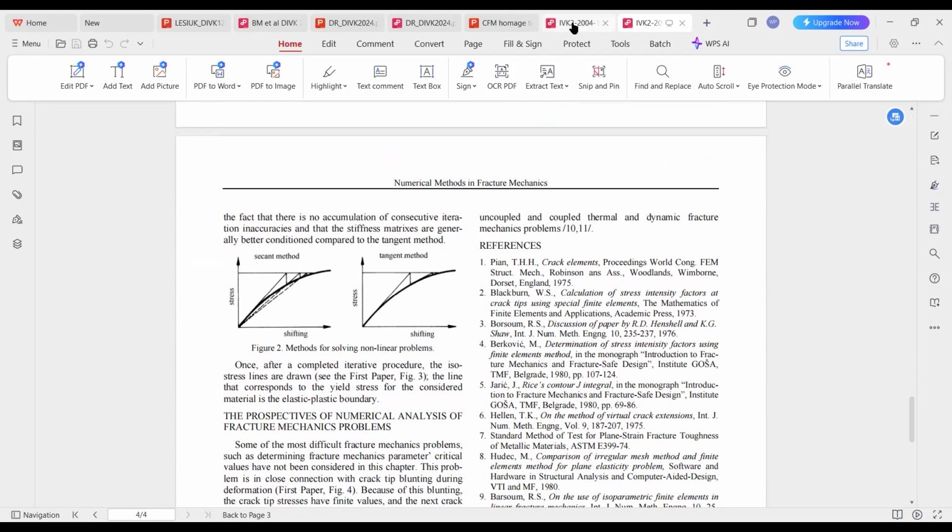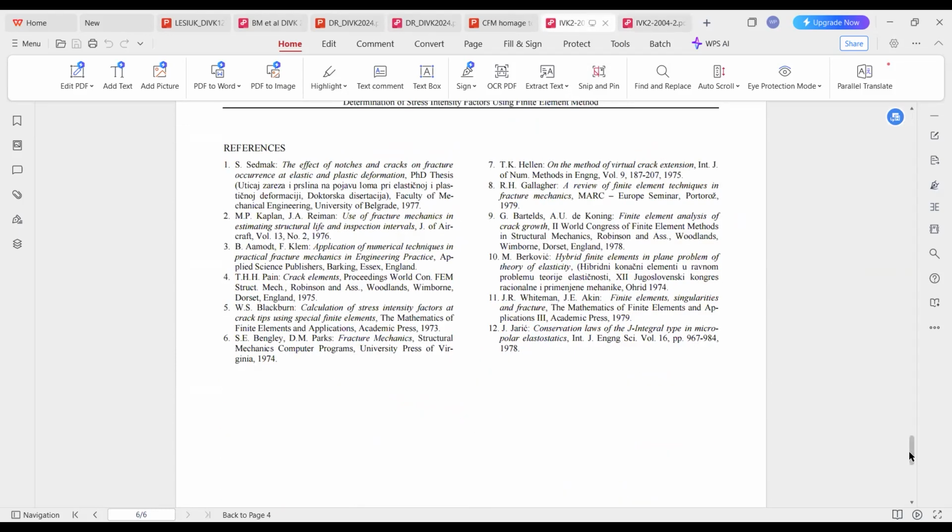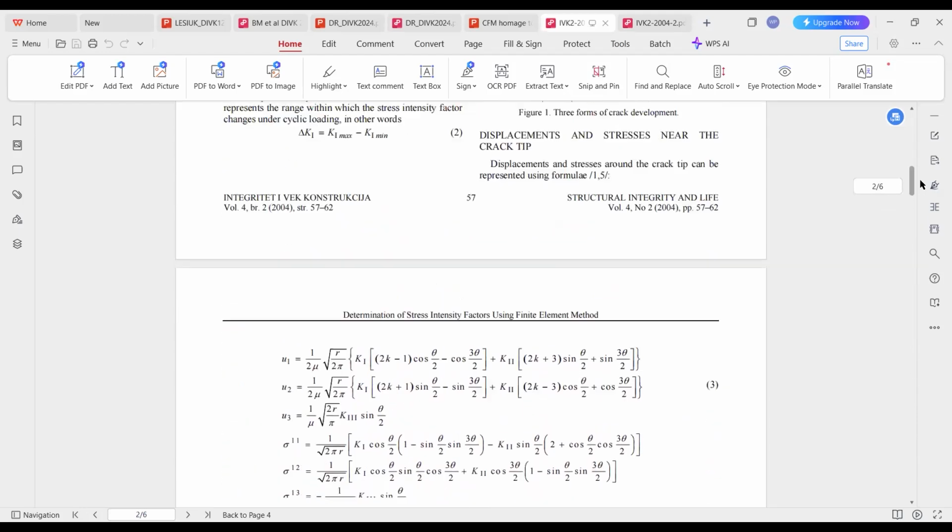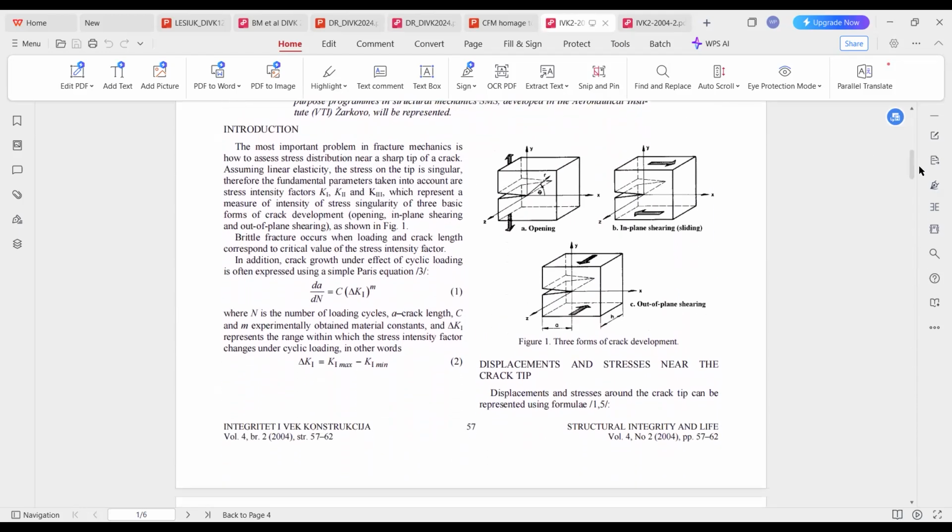For a brief moment, I'll go back because I forgot to emphasize that even in his first paper, Mladen already established a way how to calculate structural life using Paris law as it is shown here as the initial equation, and then how to do it with finite element methods. 44 years ago, that was definitely completely new for all of us.